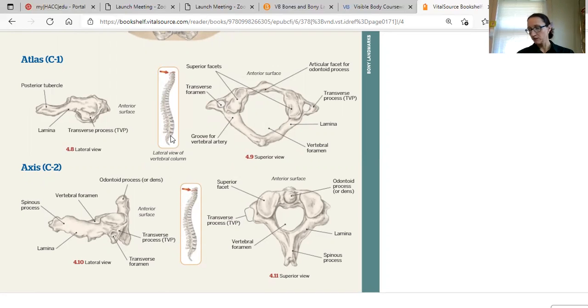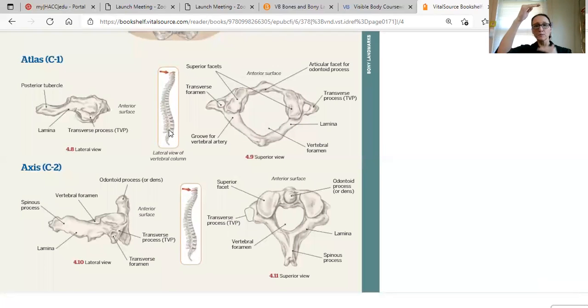And the curves, of course, are for a reason. It is to give the spine some stability in anterior and posterior. I'm not going to say movements, but if it was straight up and down, you'd fall over, right?